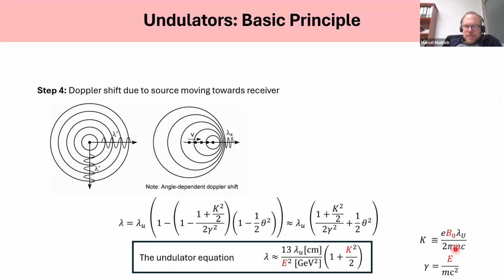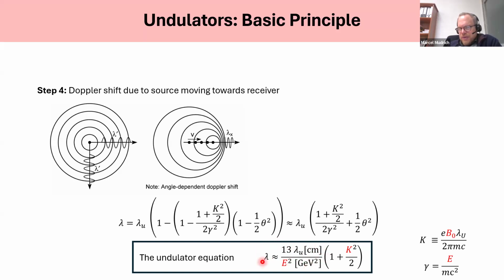Maybe this is a good time to finish off for today. This undulator formula is an important formula that contains gamma and so on. There's a simplified version: basically, we have to remember only that the wavelength depends on the undulator period and the energy in GeV, and then there's a factor of 13 if we plug in numerical values where the undulator period is given in centimeters and energy in GeV.